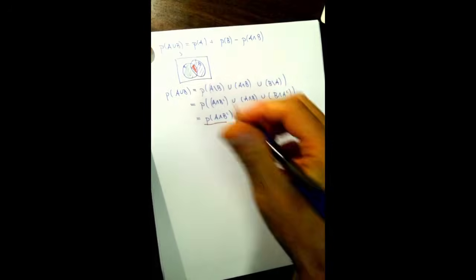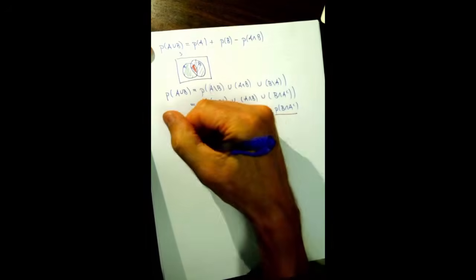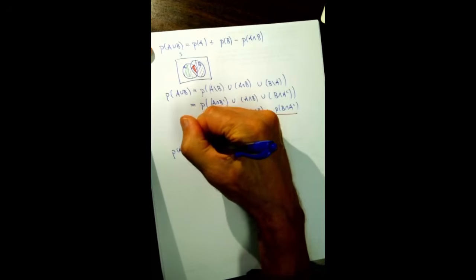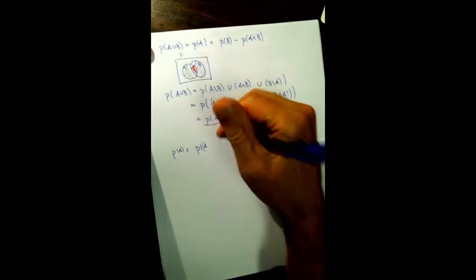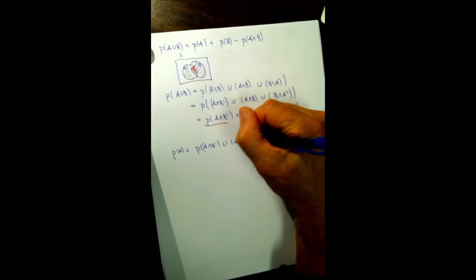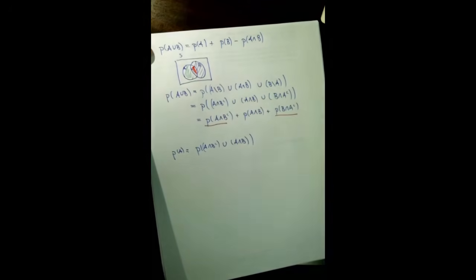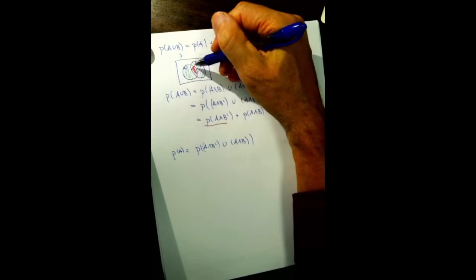And here's the thing to notice. The probability of A is going to be the probability of A and B complement, or A and B, because it could be either outside of B, or in both.